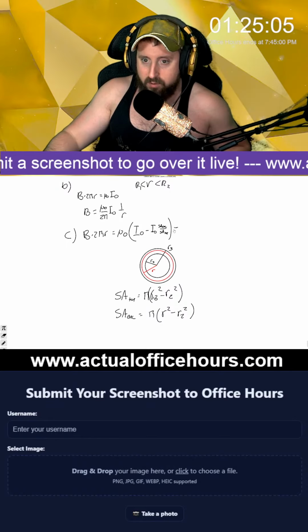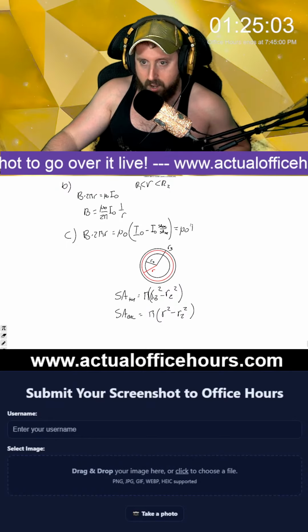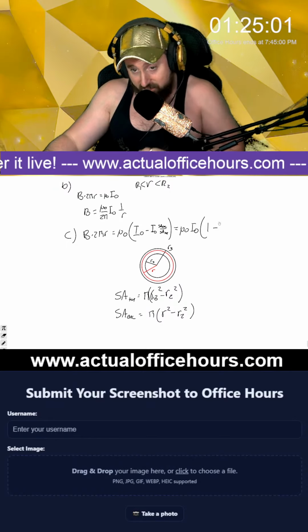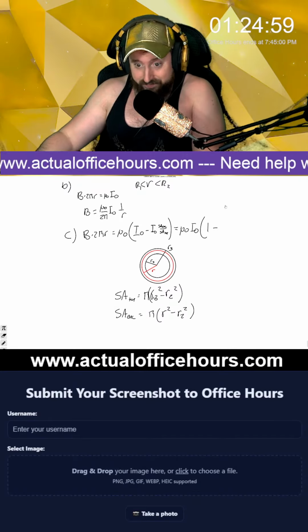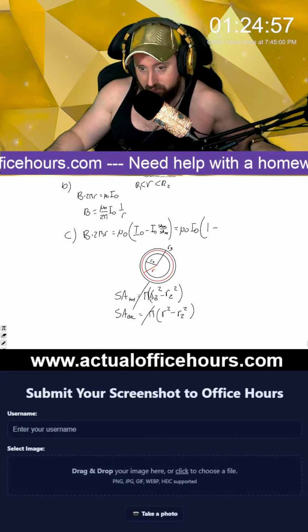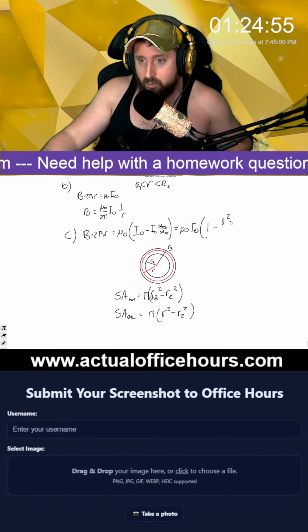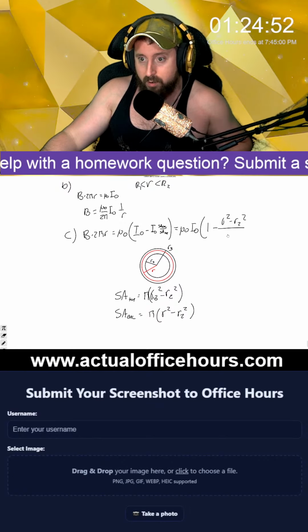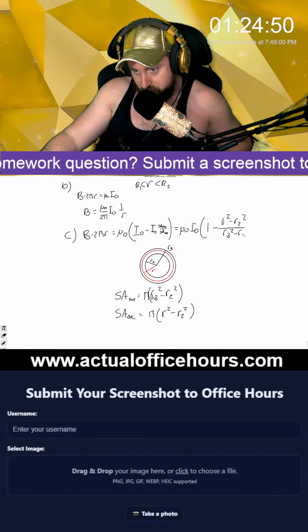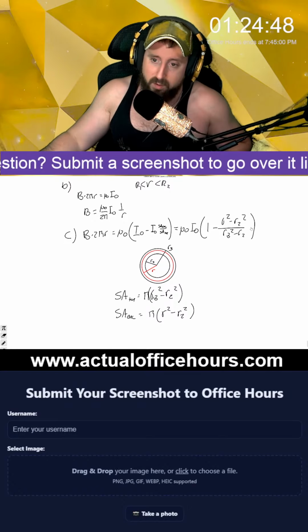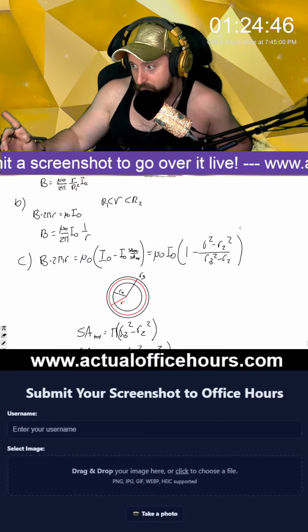Cool, great. Okay, so then this is equal to mu naught I naught, and then this is 1 minus, so the pi's are going to cancel. So you get r squared minus R2 squared over R3 squared minus R2 squared. And then here's kind of a cool property, right?